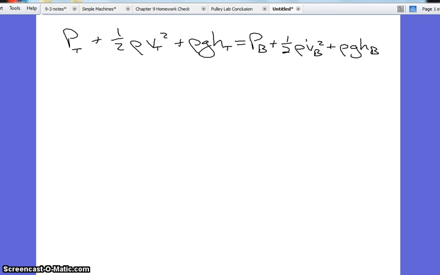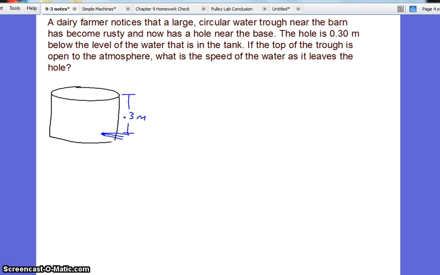We want to find the speed at the bottom of the water trough, which means we need to know every other value in this problem. So if I go back here, I'm going to write down what I know about the top of the water trough, and I need to know the pressure, the density, the speed, and the height.